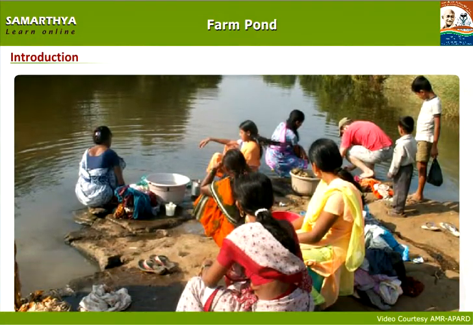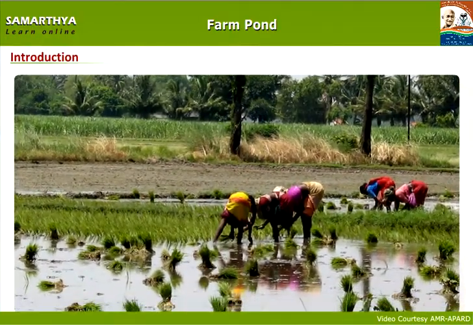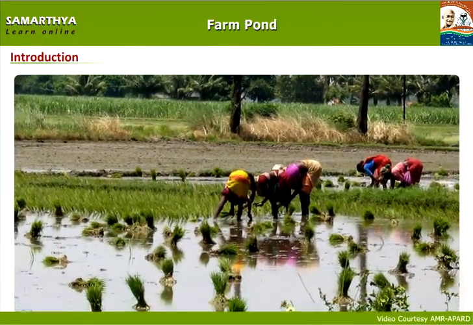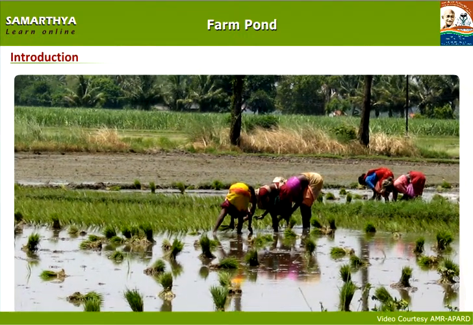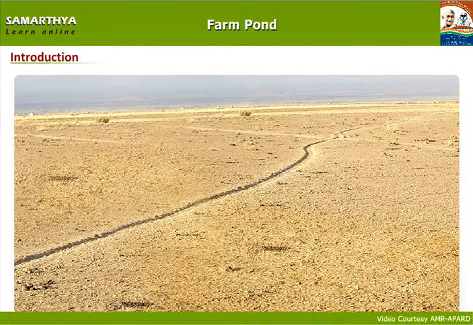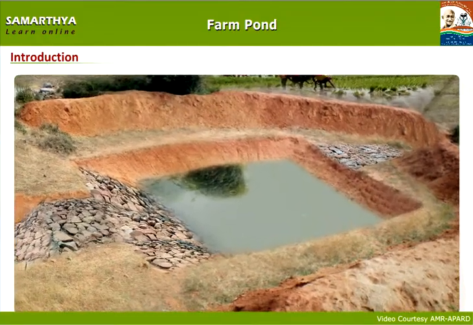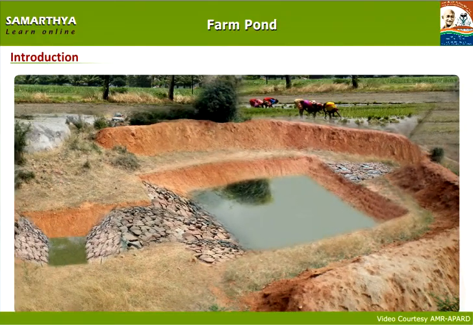Many farmers in different areas of our state depend on rainwater for their agriculture. In the absence of rain availability in the barren lands, farmers construct small pits in their fields to store excess runoff rainwater for irrigation. These are called farm ponds.